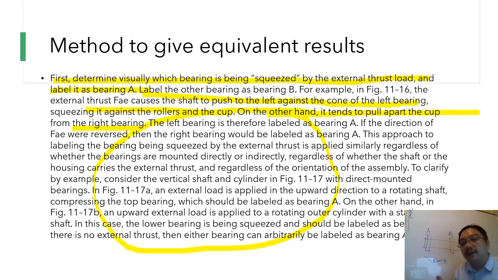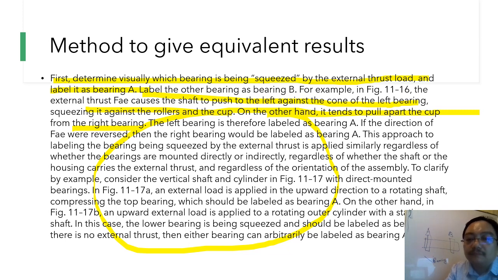You find it difficult to insert the first one, and you find it easy to insert the second one. That first one is squeezed; the second one is not that squeezed. So the first one you label as A, the second one you label as B. You can read all this statement and try to understand what I mean by that.